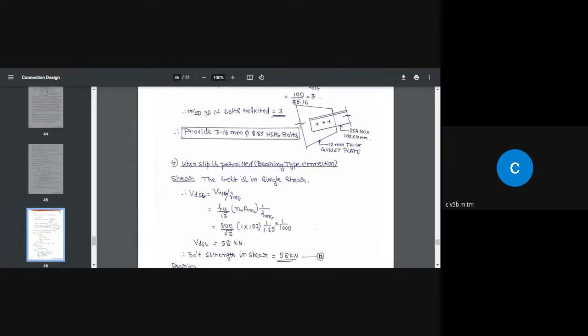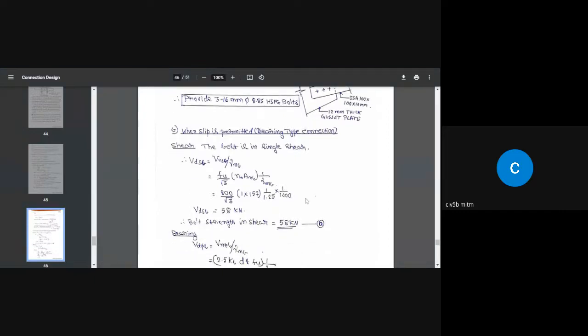Remember, the bolt is in single shear because only one face of the angle is in contact with one face of the gusset plate. If the bolt fails due to shear, it is going to fail along only one plane. Therefore, the bolt is in single shear. So we have this formula: VDSB equal to VNSB divided by gamma MB, where VNSB equal to FU by root 3 multiplied by (nN ANB plus nS ASB), multiplied by 1 divided by gamma MB.